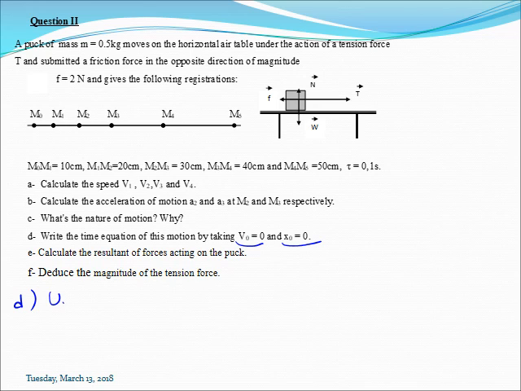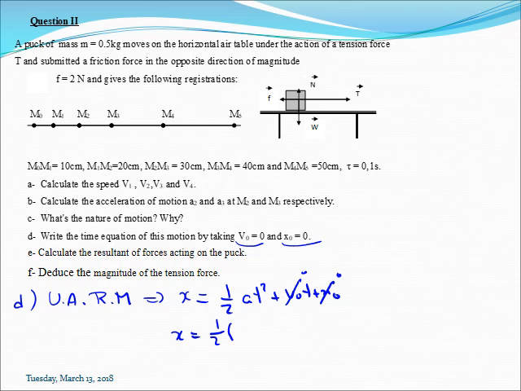The motion is uniformly accelerated rectilinear motion, then x equal half a t square plus v0 t plus x0. V0 is 0, x0 equals 0, then x equal half times a, which is 10, t square, x equal 5t square in meter.